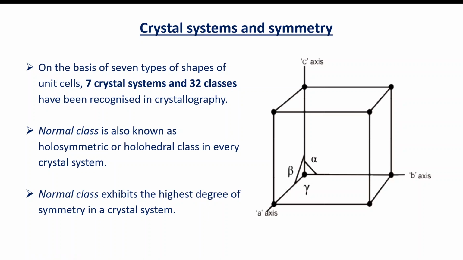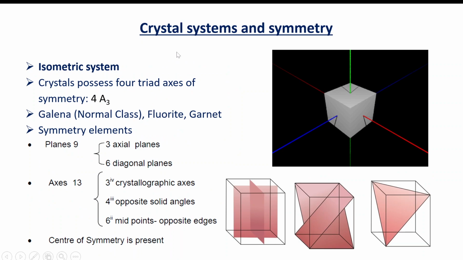So if I am now looking at the normal classes, starting with the isometric system, the normal class is a mineral known as galena, which has a very characteristic cubic shape.